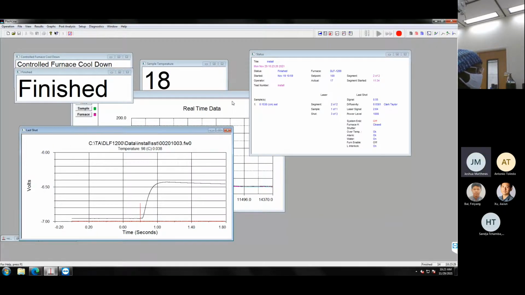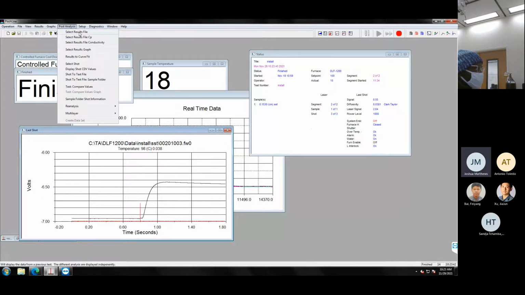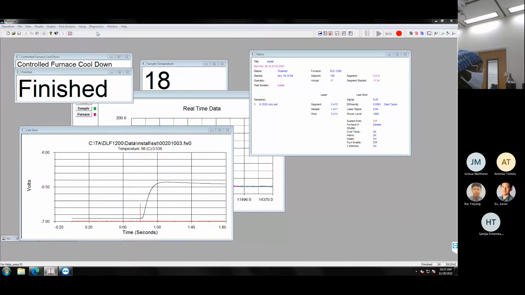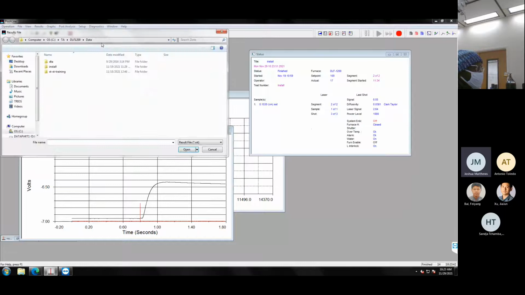Once everything is run, the software puts everything into a nice text file. You can open it outside of the software if you want to, but if you want to open it in the software, we can go up to post analysis, select the results file. This should take us to the folder. This is our regular data path.